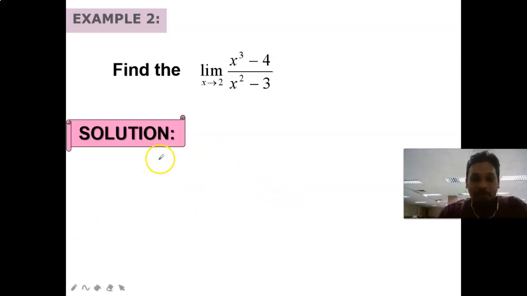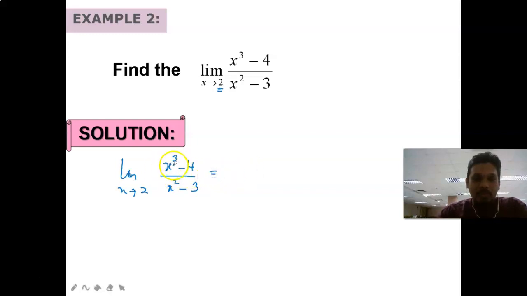So let's see whether, if we directly substitute x equal to 2 into the denominator, it will give you 0 or not. The limit as x approaches 2 of x cubed minus 4 divided by x squared minus 3.